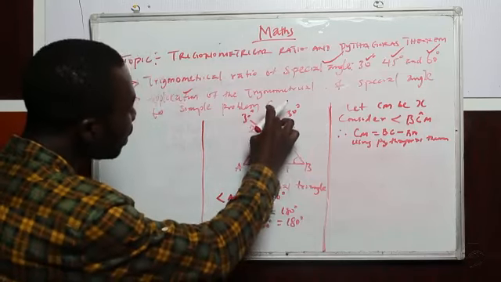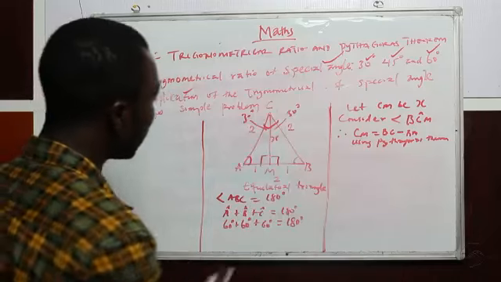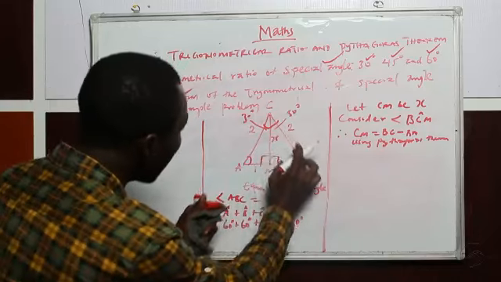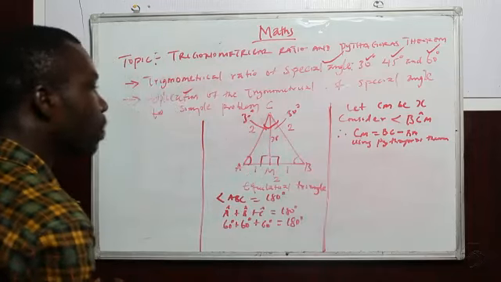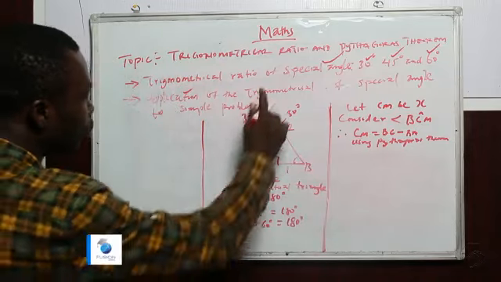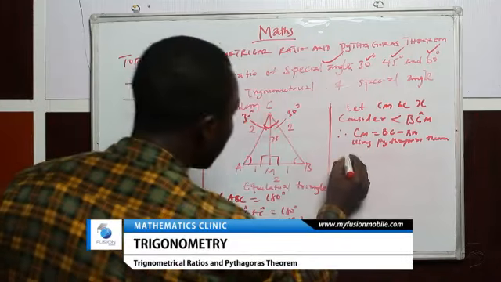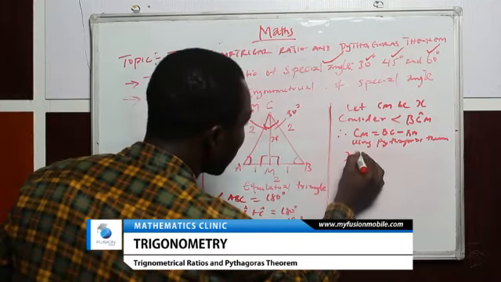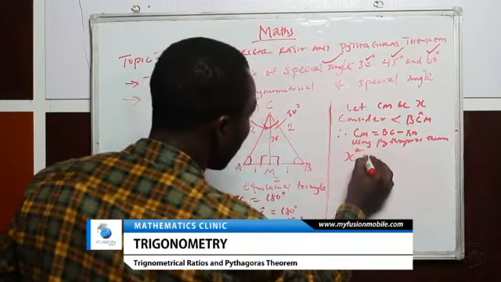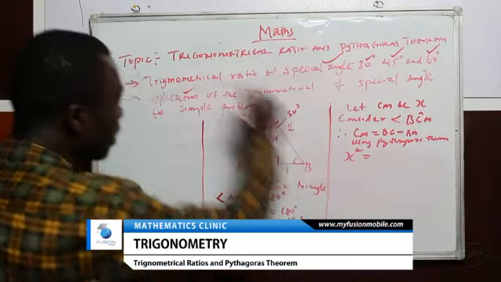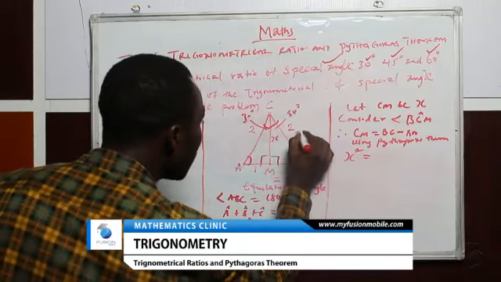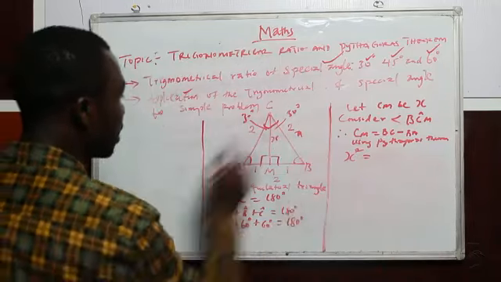Therefore, how do we find this perpendicular line, which is CM? Consider triangle BCM. Now, we are going to use Pythagoras theorem, as I've said, so that we can find CM. CM, which is denoted as x, squared is equal to our BC, which is designated with A because A is facing this side.